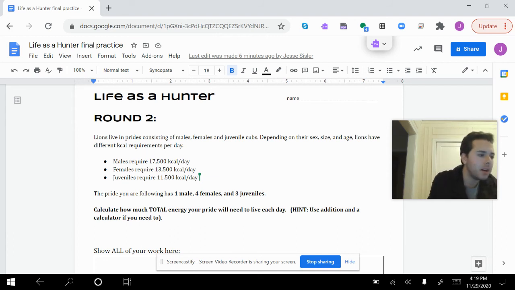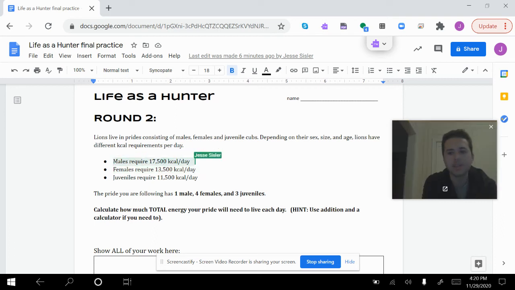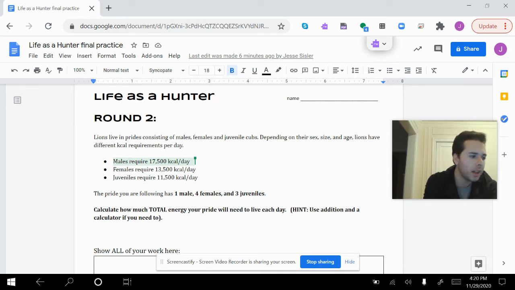So remember, a female lion needs 13,500 kcals per day. A male lion needs about 17,500 kcals per day, and a juvenile lion, so a younger lion, needs about 11,000 kcals a day.